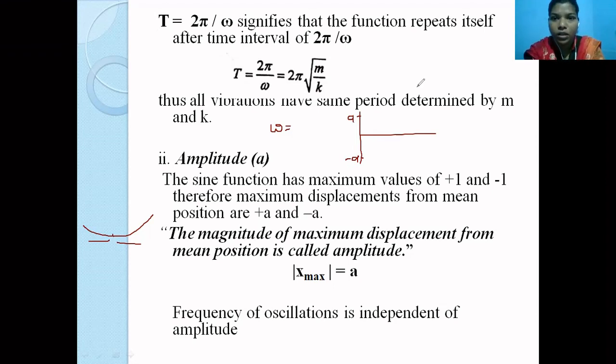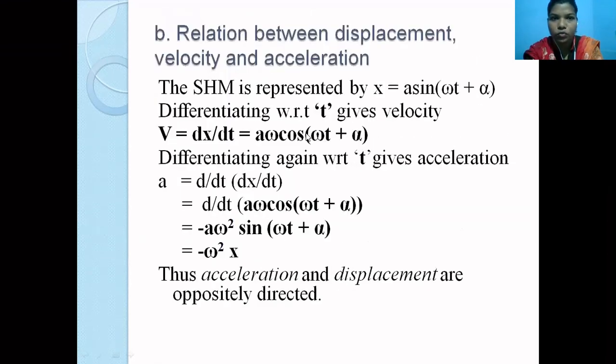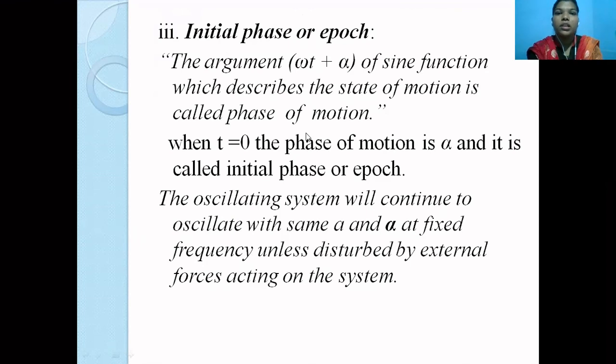Okay, I will just clear this screen and we will move on to the next definitions. So the next definition that we have is initial phase or epoch. We have chosen x is equal to a sine of omega t plus alpha as our most general solution.